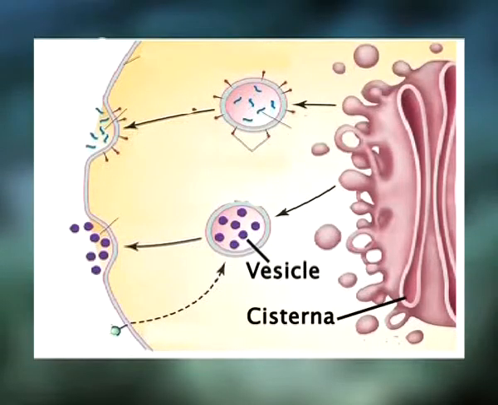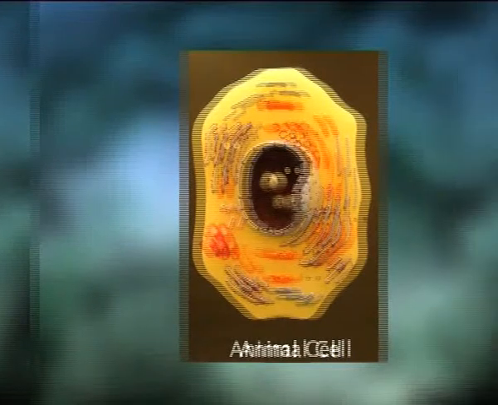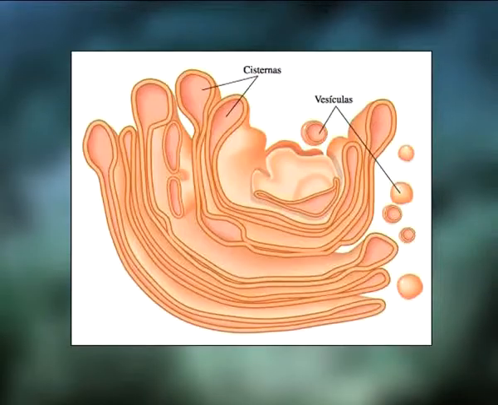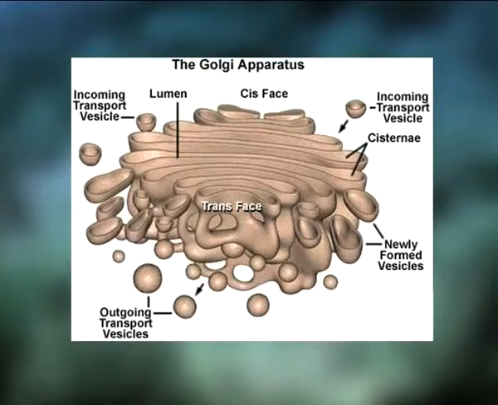Each cisterna comprises a flattened membrane disc and carries Golgi enzymes to help modify cargo proteins that travel through them. They are found in both plant and animal cells. The cisternae stack has 4 functional regions: the cis-Golgi network, medial Golgi, endo-Golgi, and trans-Golgi network.